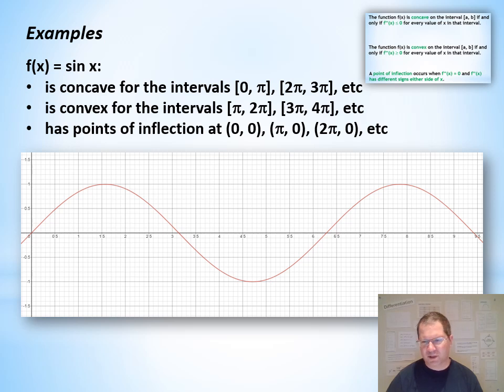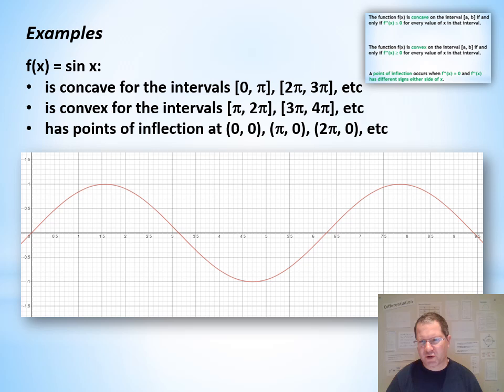And we can use exactly the same argument to show that a region such as pi to 2 pi is convex. Now for points of inflection, such as 0, 0, first of all, if we differentiate sin x twice, as we said, we get minus sin x, and minus sin 0 is still equal to 0. So that agrees that the second derivative equals 0.